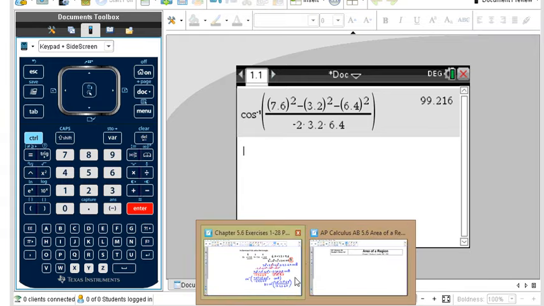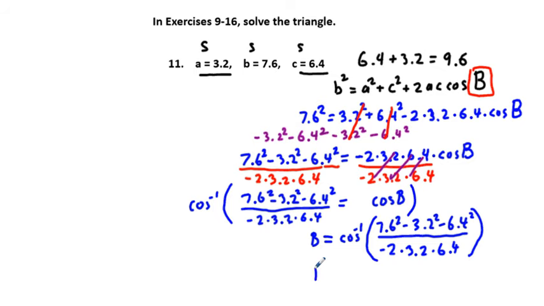So B is equal to 99.216 degrees. Okay, so that's going to be one thing.